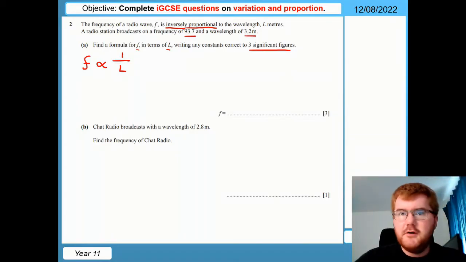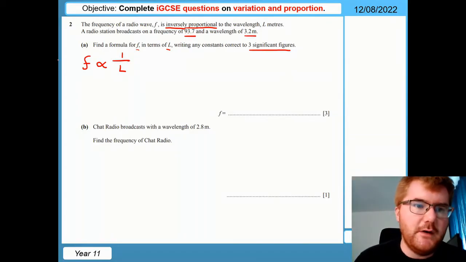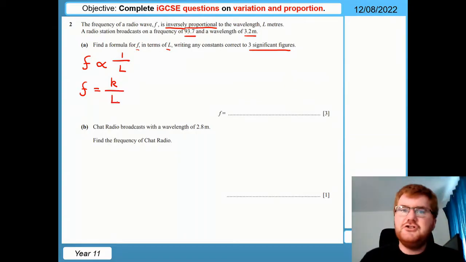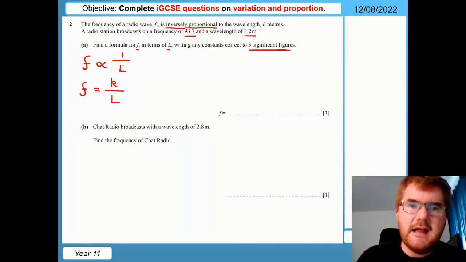And now we have that process of turning this into an equation. Therefore, f is going to equal some constant k, which we put on the top of the fraction, divided by L. And just like you've seen in the previous questions here, we need to work out k by using the information given in the question.